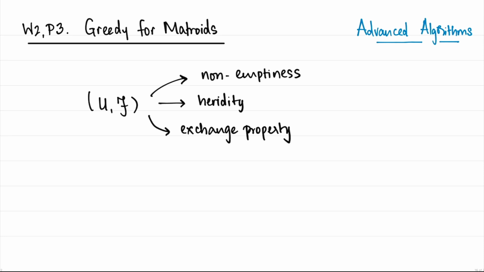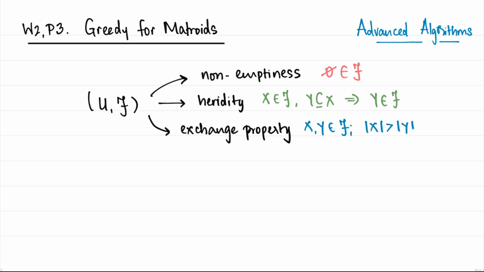To recap these really quick, non-emptiness simply said that the empty set belongs to the family F. Heredity said that if X is in F and Y is a subset of X, then Y must also belong to F. And the exchange property said that if X, Y belong to F, and if X is a bigger set than Y, not necessarily a superset, but just a bigger set, then there exists some element in X minus Y such that Y union that element also belongs to the family F.